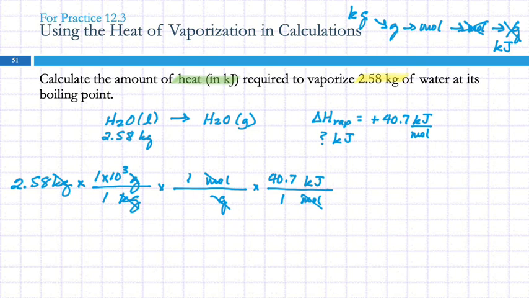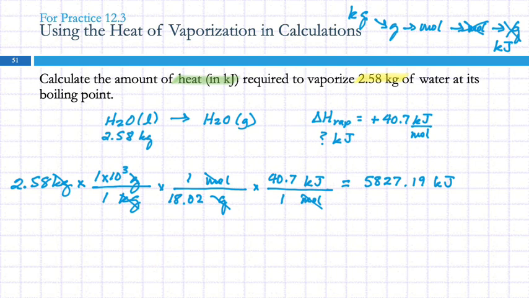We're not going to take time to figure out how to calculate that. We're just going to go there. So 2.58 times 10 to the 3 divided by 18.02 times 40.7 is 5827.19 kilojoules.